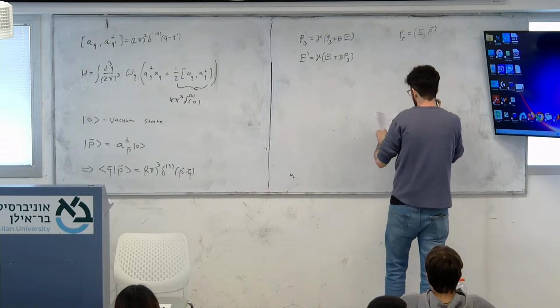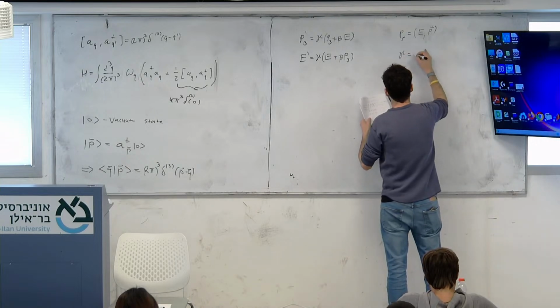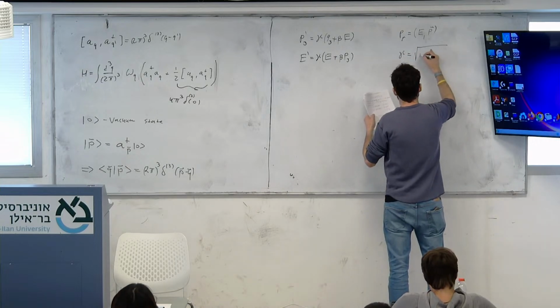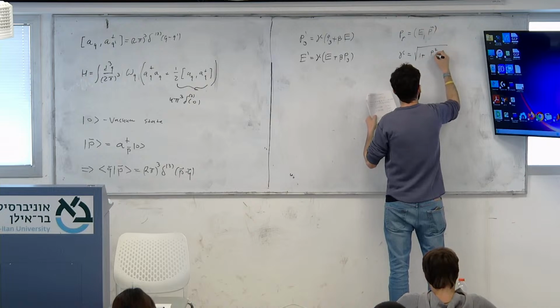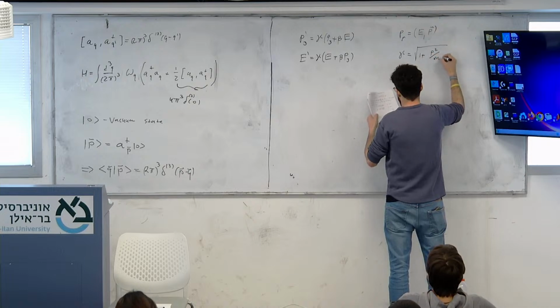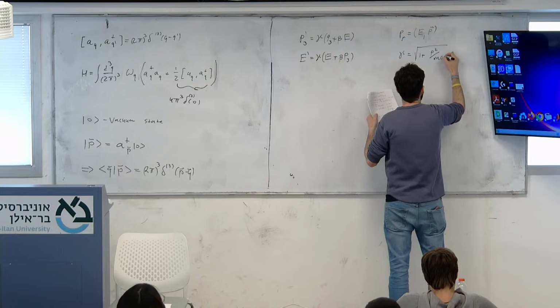Okay, and gamma is 1 plus P squared over M C squared.